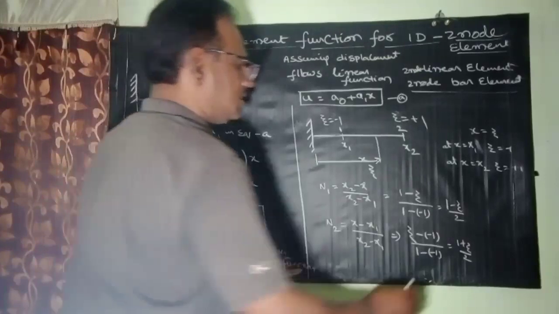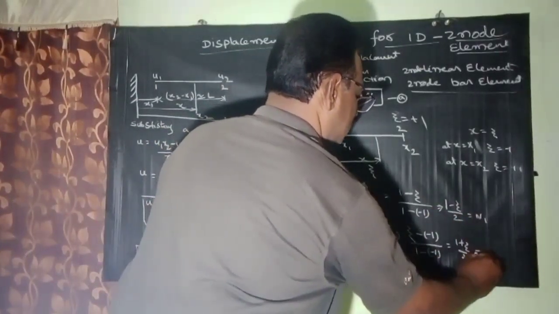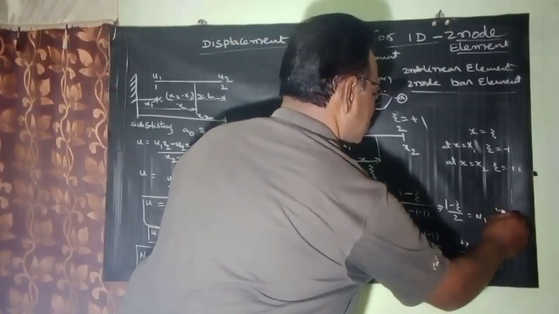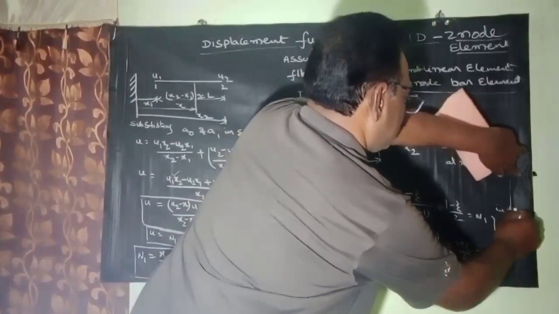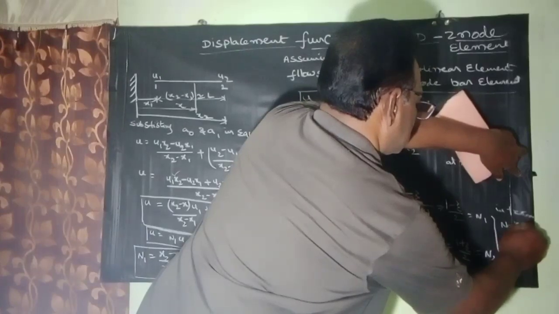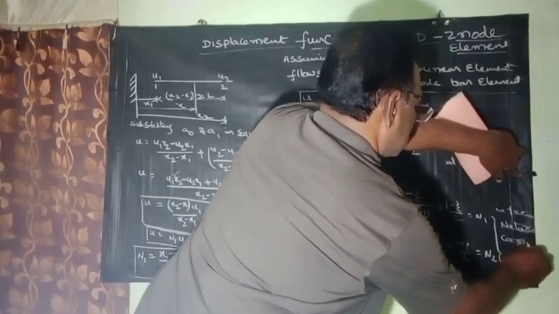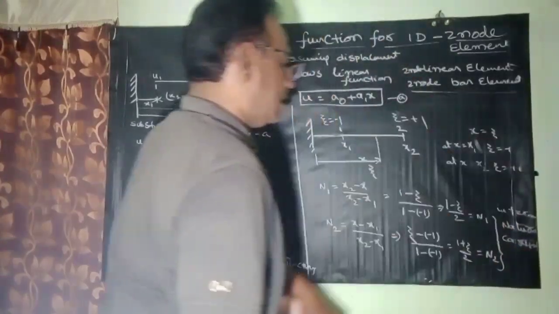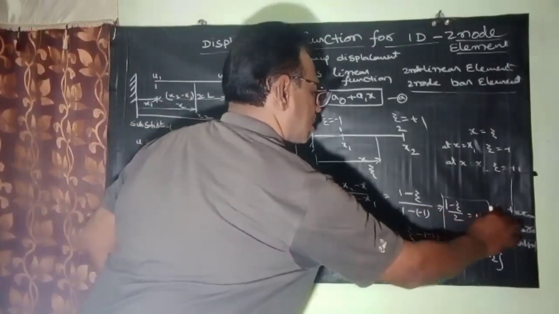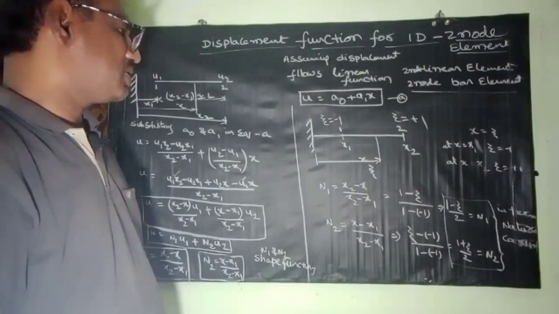So this is the shape function N1 and this is the shape function N2 in terms of natural coordinates: N1 equals 1 minus xi by 2, and N2 equals 1 plus xi by 2.